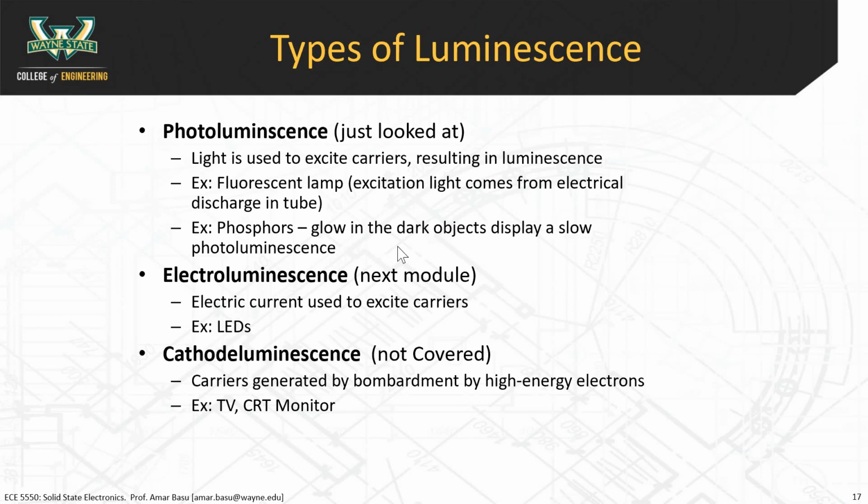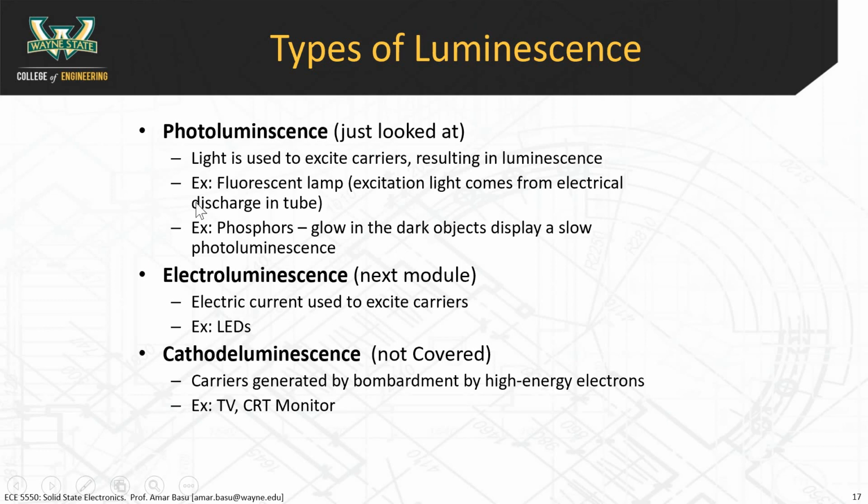This is one of the things that was used in old style displays, the big heavy TVs that you may have seen from the 1980s and 90s. Those were made using cathode luminescence technology, and those TVs obviously are not used anymore. Photoluminescence, I didn't go into the details of that.